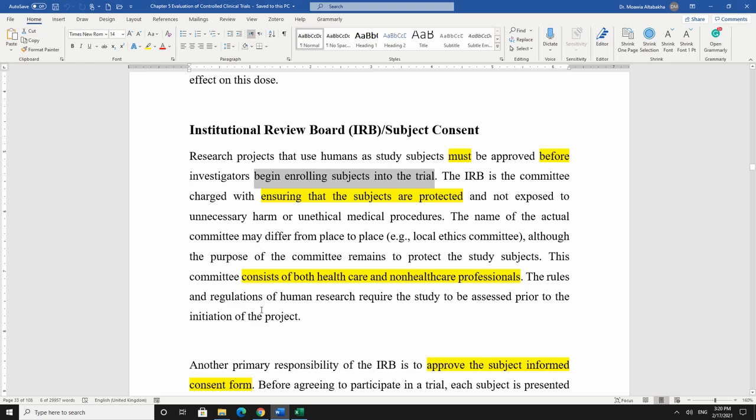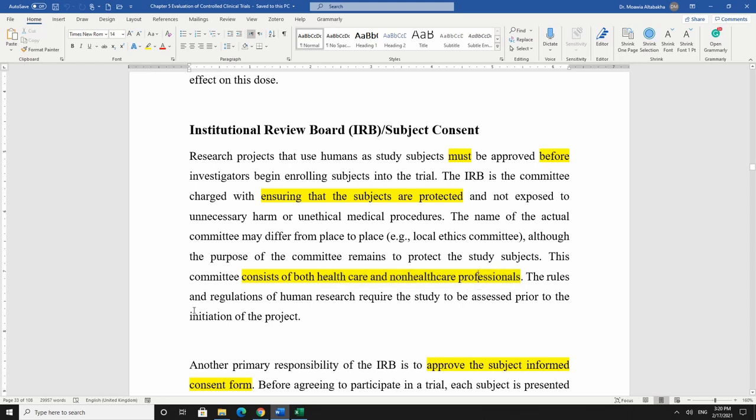Okay, that is their main function. But they have other functions as well. And this committee usually consists of not only healthcare providers, professionals, no. They should also contain non-healthcare professionals.